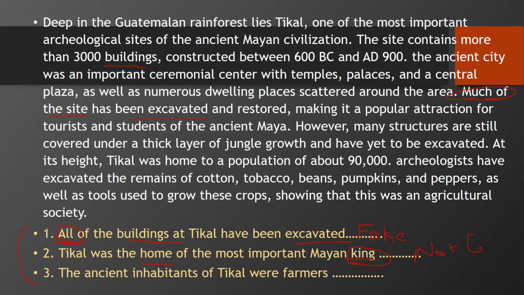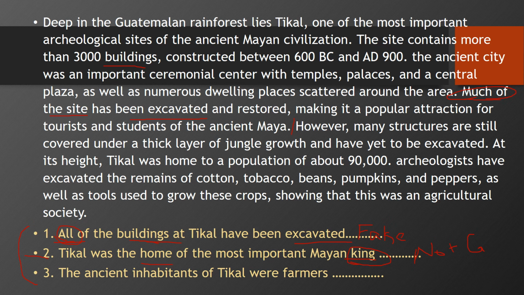Because there is no similar statement to this number 2. Let's go to number 3. The ancient inhabitants of Tikal were farmers. I will go back to the same sentence. I stopped here, right? Answered sentence number 1. Let's go and read, try to find the statement for number 3.